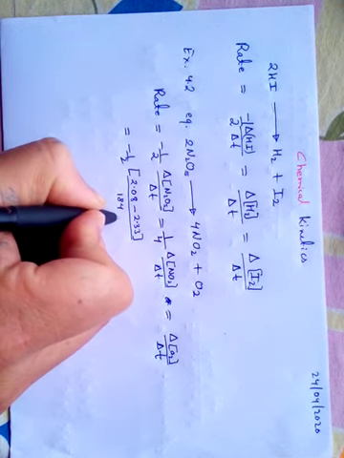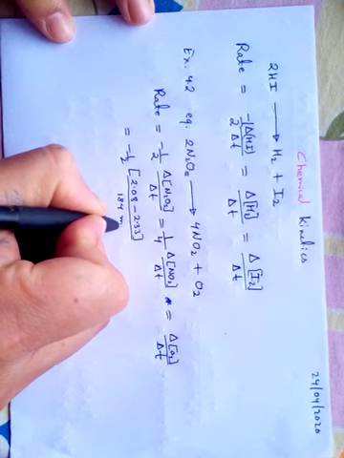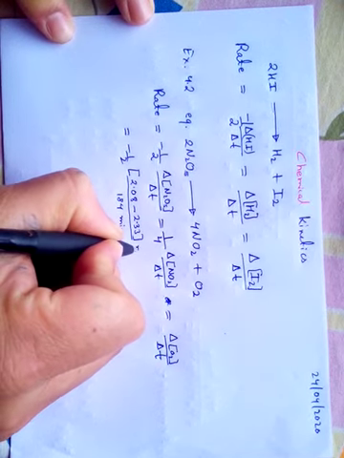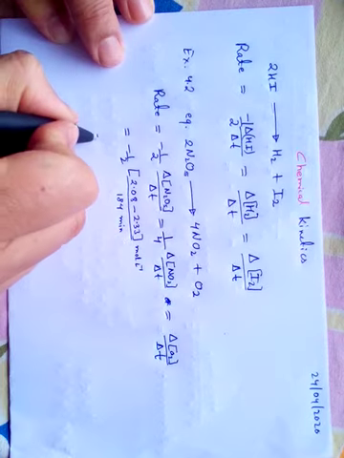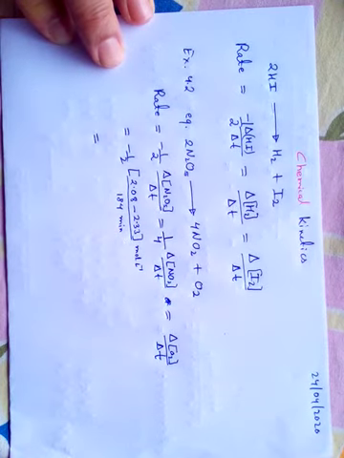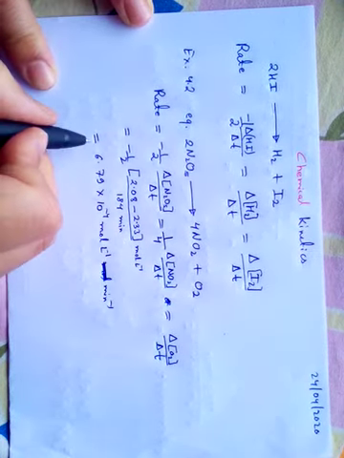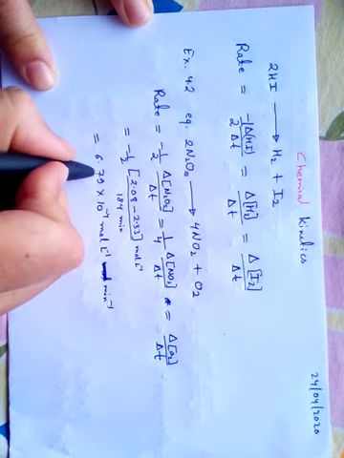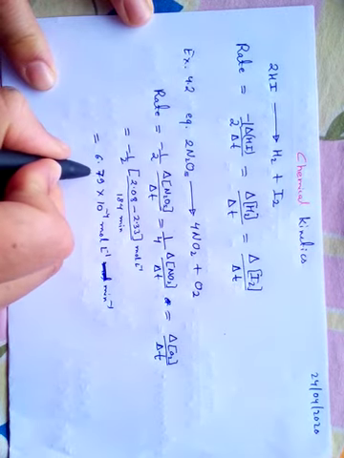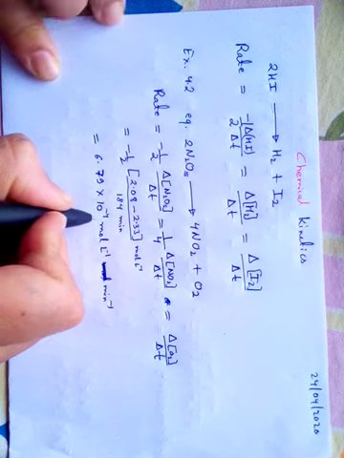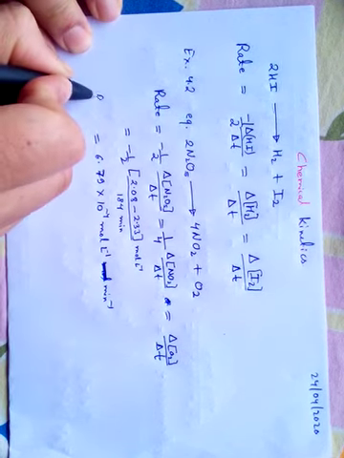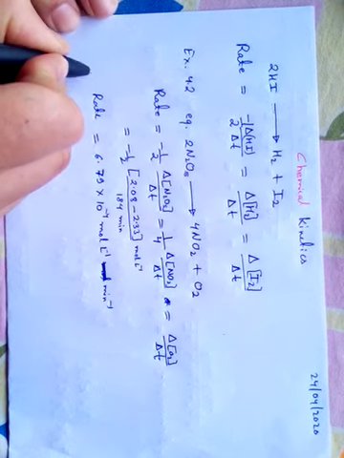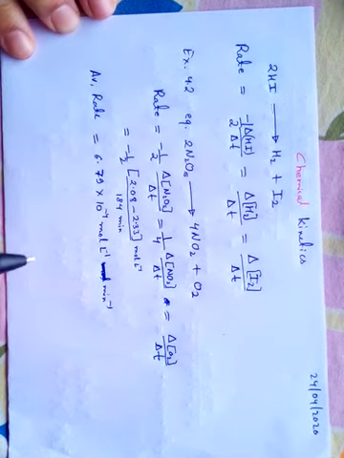So this is minute and this is mole per liter. After solving this equation, we get the answer 6.79 into 10 to the power minus 4 mole per liter per minute. So this is the rate of a reaction, and we can also write it as the average rate of a reaction.